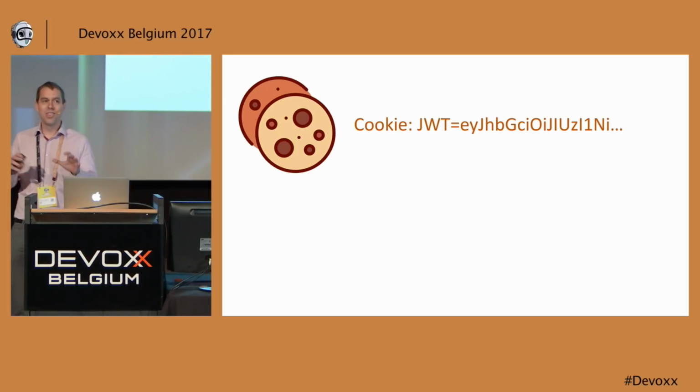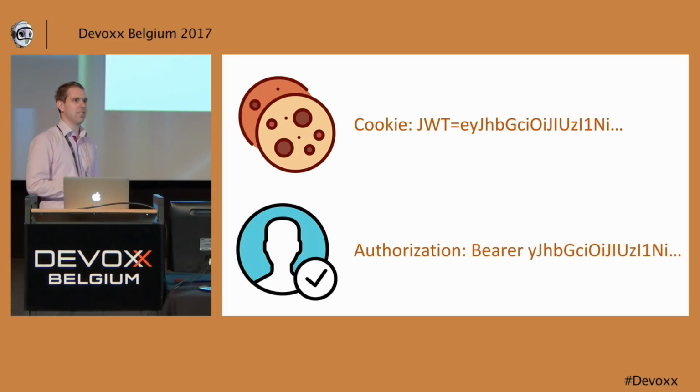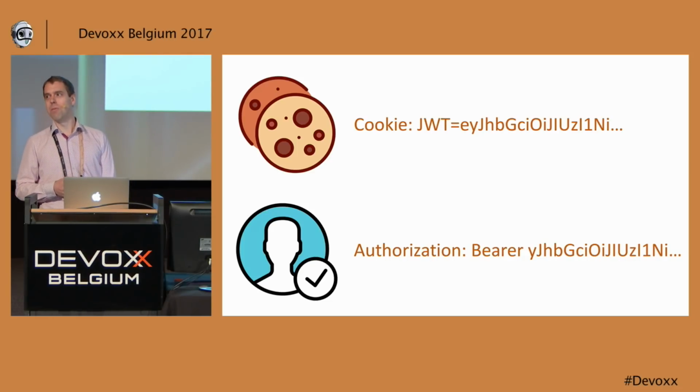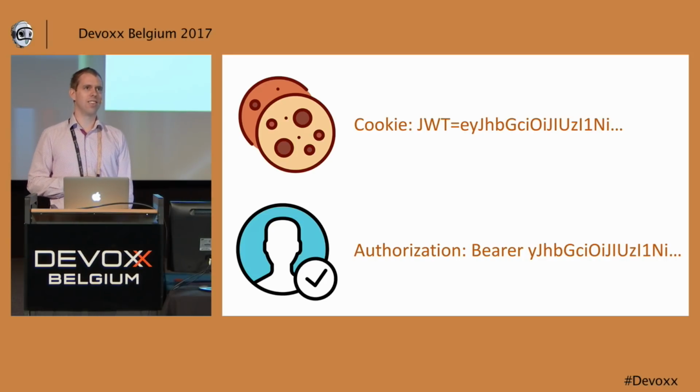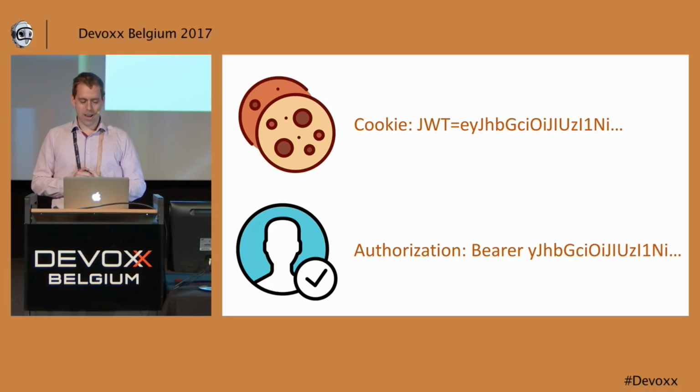It's a web application, you can use cookies. Okay, so 10 people apparently. Who here is using the authorization header? Okay, a bit more. Who here is not sending any authorization information at all? All right, so most of you are actually using the authorization header. That's kind of expected.